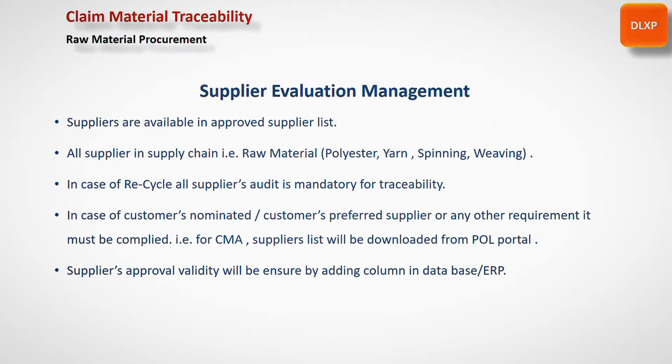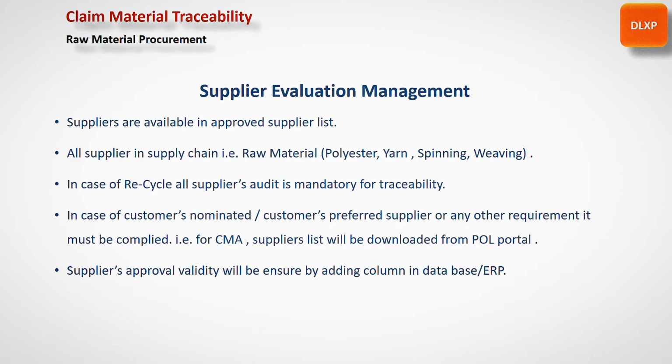In case of recycle, meaning claim material, all suppliers' audit is mandatory for traceability. If we are facing audits for traceability, the same thing you apply for your suppliers. You have to conduct the supplier audit to check whether their traceability system is intact or not.